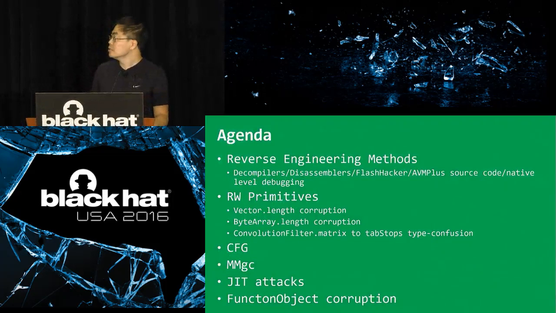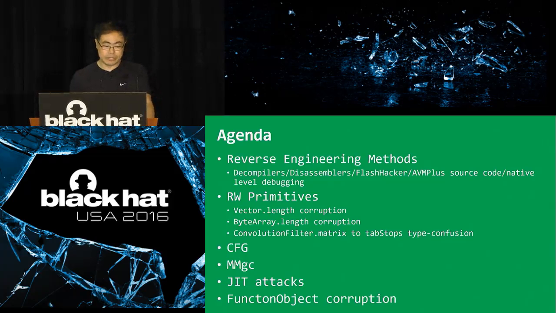So, the agenda. We are going to talk about the reverse engineering method for Flash exploits today. First, we will look into the method that we used and found effective. Next, we are going to look at real examples from the last few months or maybe few years. And we will look into some RW primitives that are popular for Adobe Flash exploits.